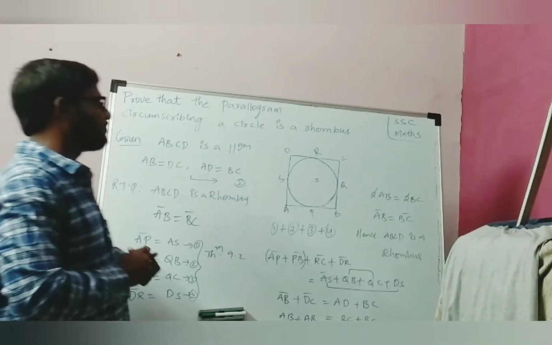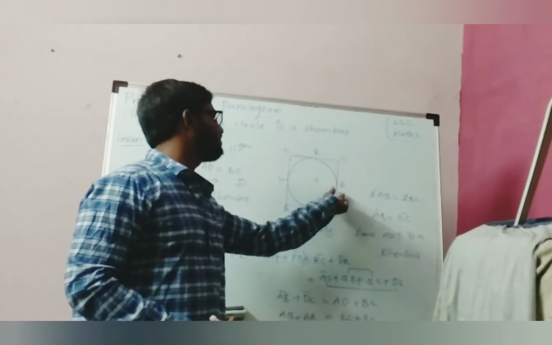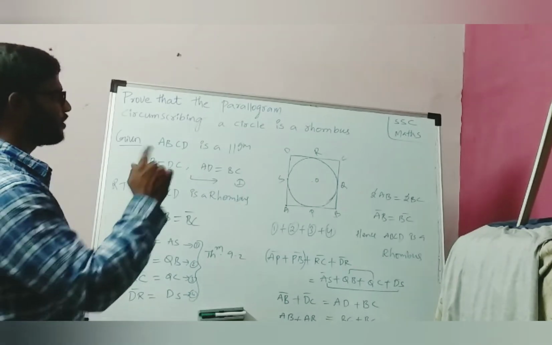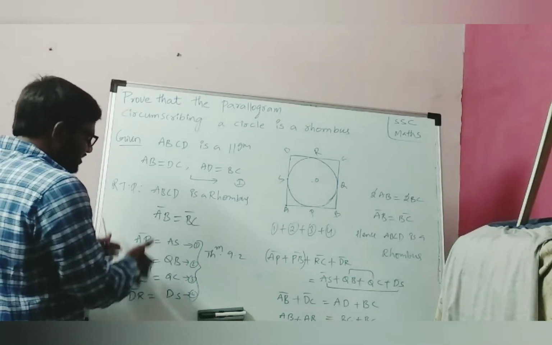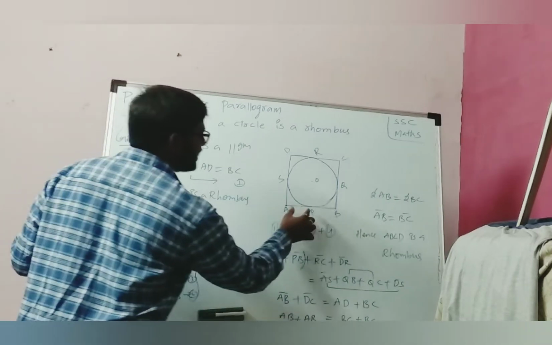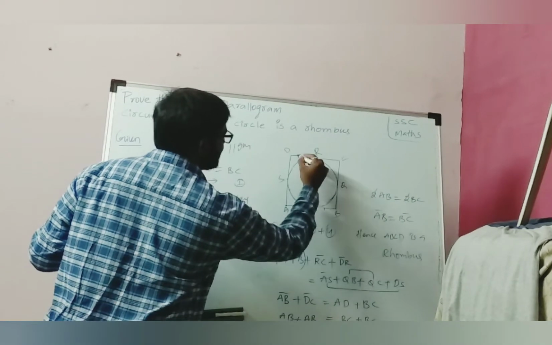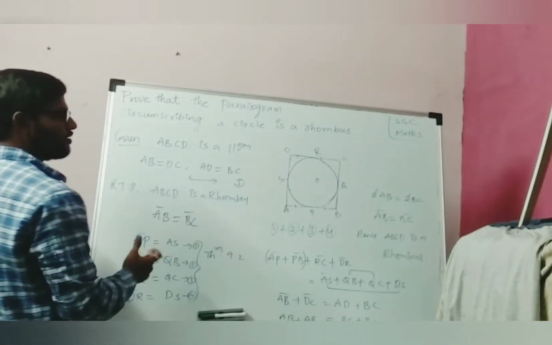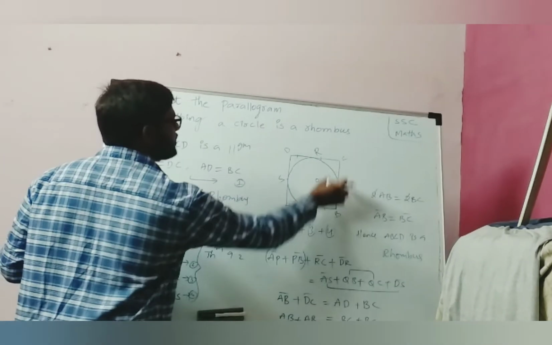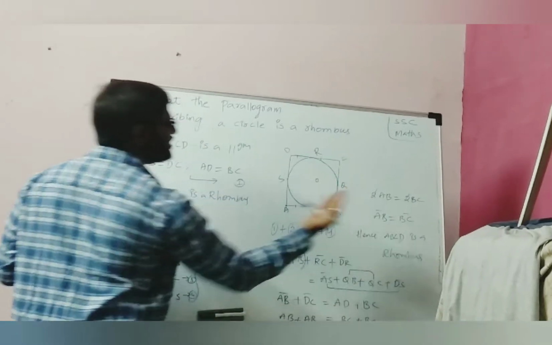So using theorem 9.2, just write the equations. This is equal to this, this is equal to this, this equal to this, and this equal to this. And here you have to remember one thing. When writing equations 1, 2, 3, 4, the parts of AB and BC, one side, that is AP, PB, RC and DR, write in LHS, and these are in RHS.